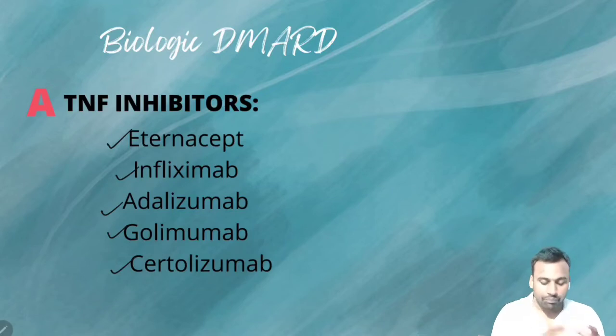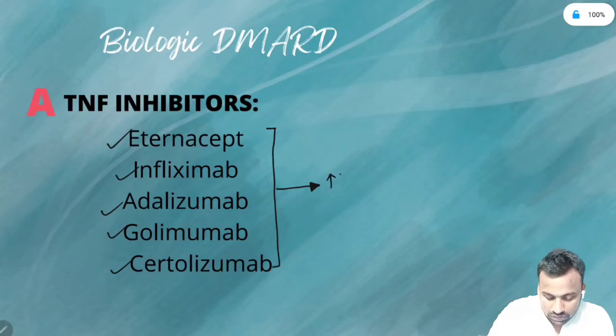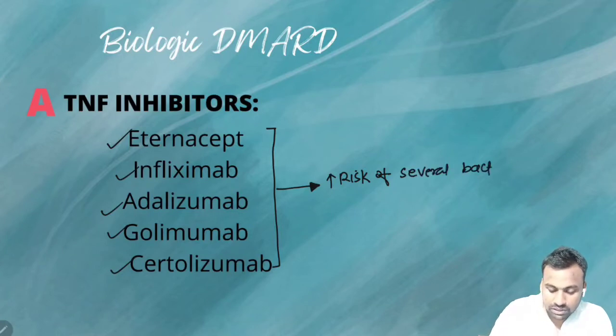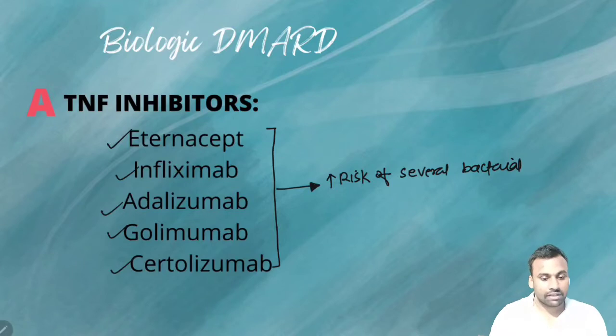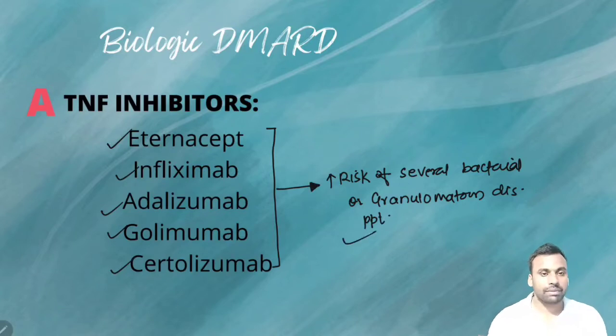In this condition, if you give this type of drug, there is an increased risk of several diseases like severe bacterial infections, and granulomatous disease may be precipitated during treatment with TNF inhibitors.